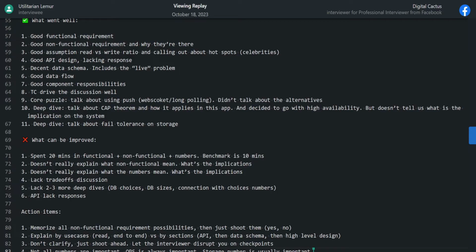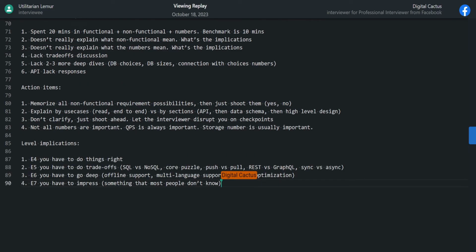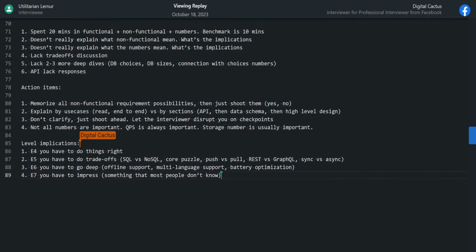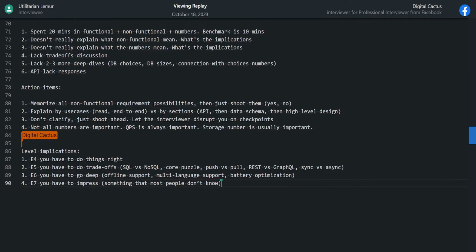The second part is about the evaluation for people. Let me drop you the evaluation criteria here. Here we go. For L4, you just have to explain things correctly for any question.